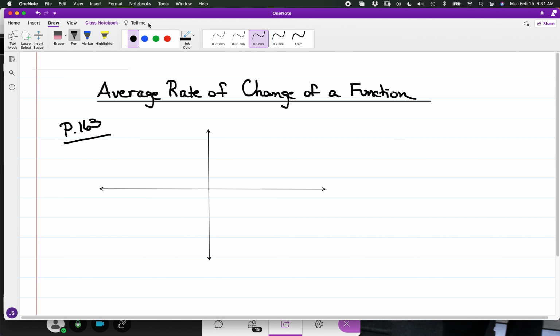Taking what we have here for the curve, we have 1, 6 as a point and also 5, 2.